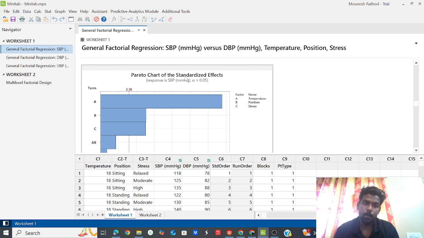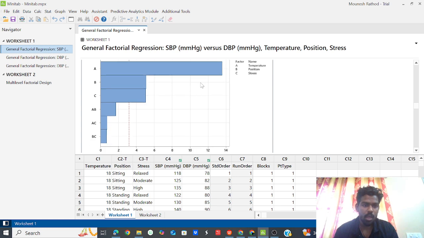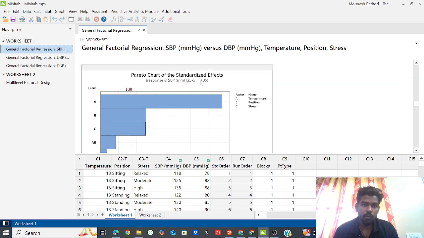So this is the Pareto chart of the standardized effects for the response SBP, where alpha is 0.05 and the critical value is 3.18.